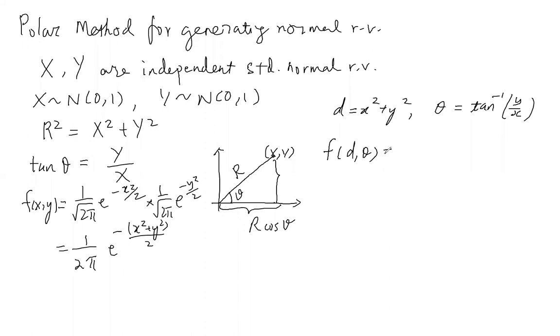So this one we can obtain from standard theory, which is you take the determinant of the Jacobian, right? And multiply by, you make a transformation, right? For example, make some transformation of (D, theta).